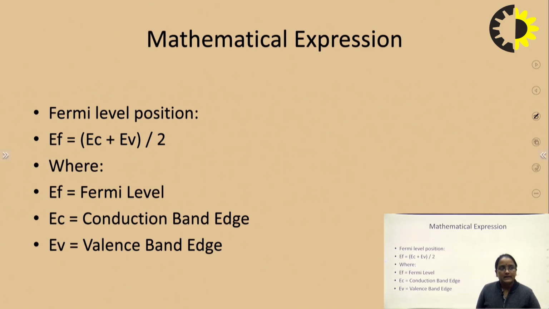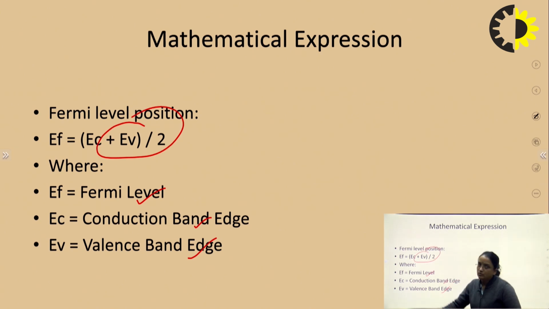This is the mathematical expression for the Fermi level in case of intrinsic semiconductors, where EF is representing your Fermi level, EC is representing your conduction band edge, and EV is the valence band edge, and their average is giving you the position of Fermi level, that is EF.